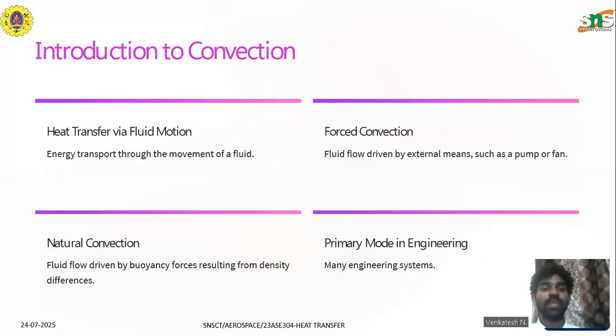Basically, there are two types of convection in the flat plate or any circular or cylindrical surfaces, which are known as forced convection and natural convection. For example, free convection is said to be natural convection. Here there are no external forces involved. That is called natural convection.